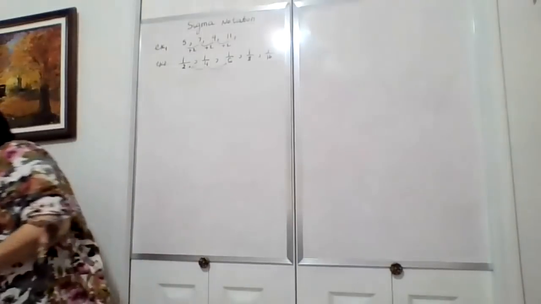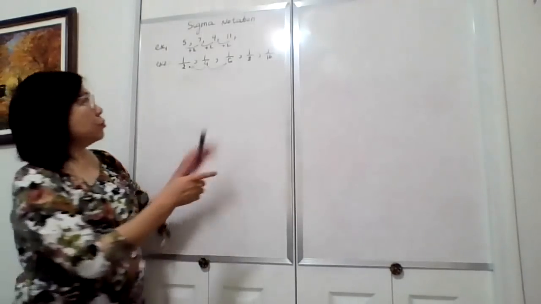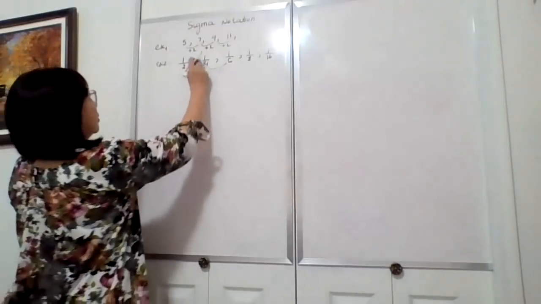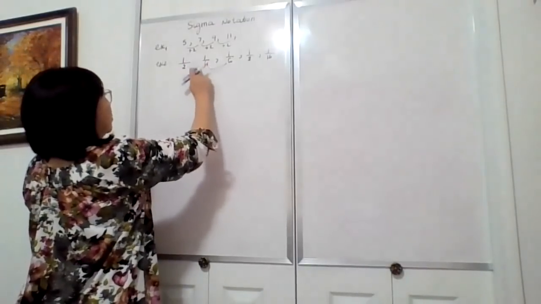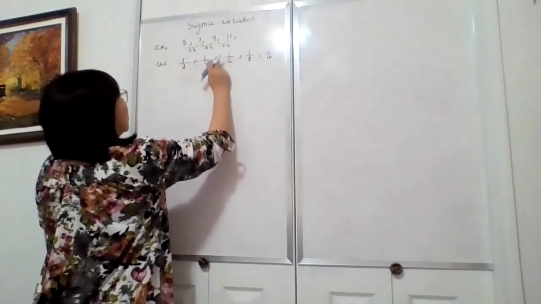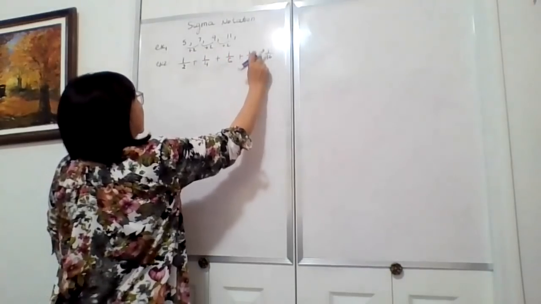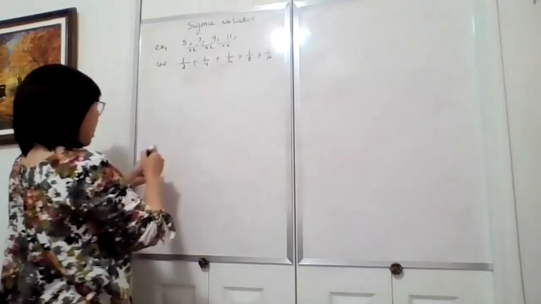Let me show you how to write this. Let's say this is the series, and you add the terms together, so instead of commas, you add them.